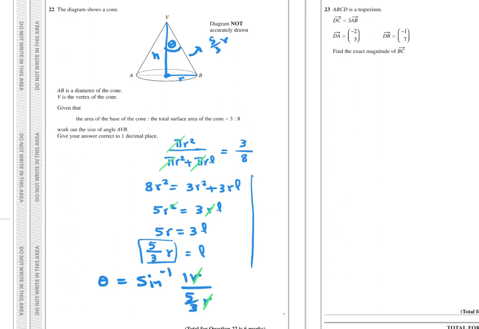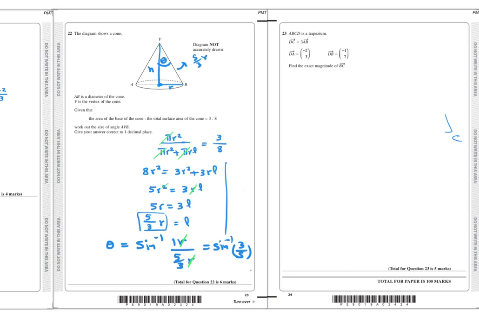So this means sine inverse 3 over 5. Now angle AVB is twice that, so equals 2 times sine inverse 3 over 5, which equals 73.7 to 1 decimal place.